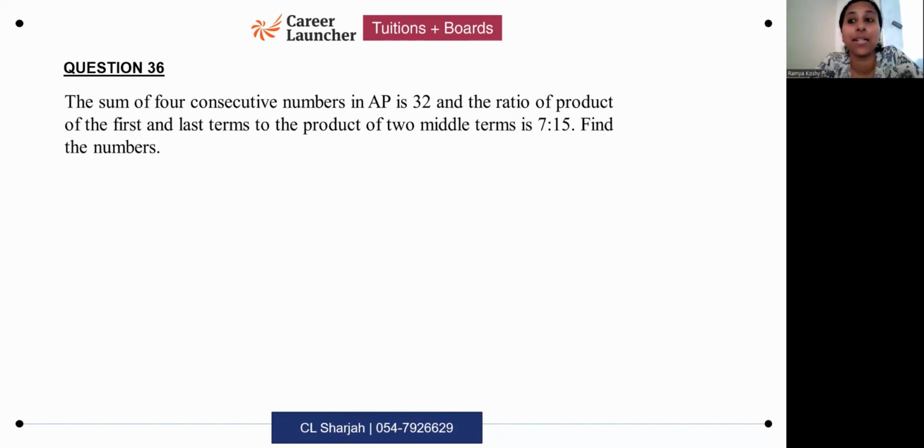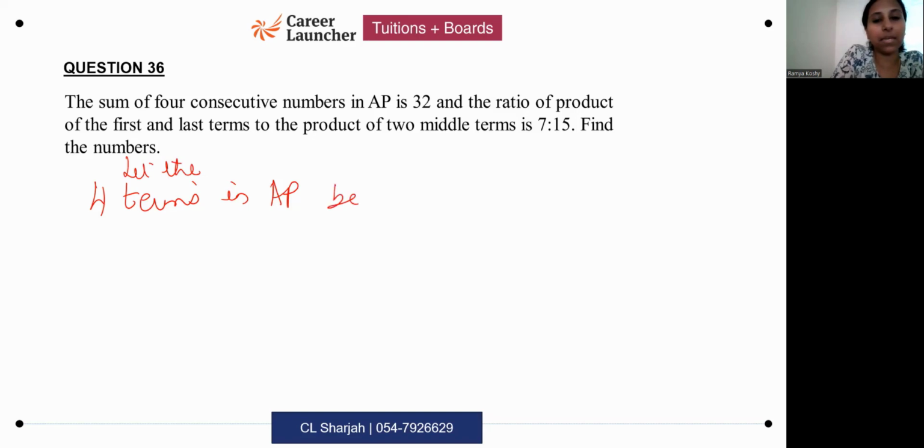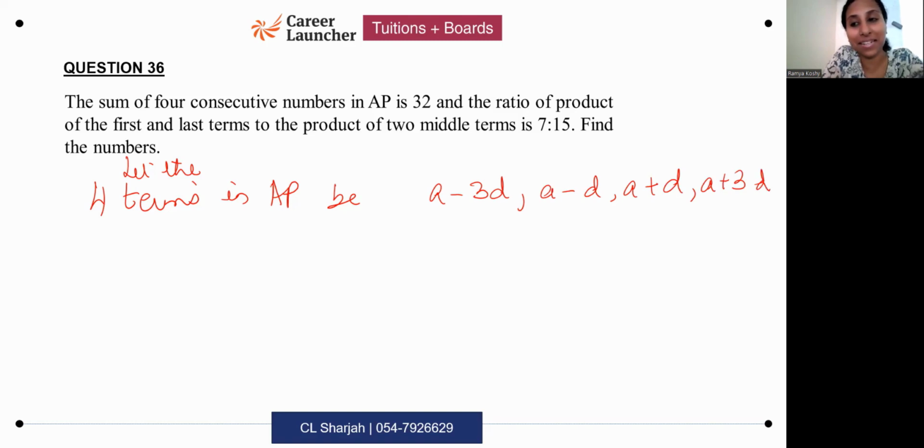What's the concept here? When you have 4 terms in AP, let the 4 terms in AP be A minus 3D, A minus D, A plus D and A plus 3D.